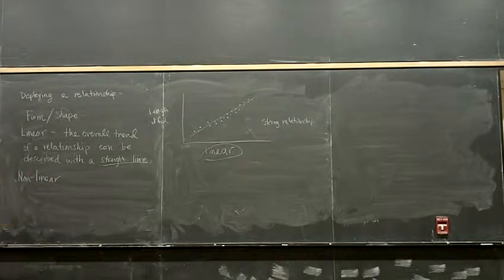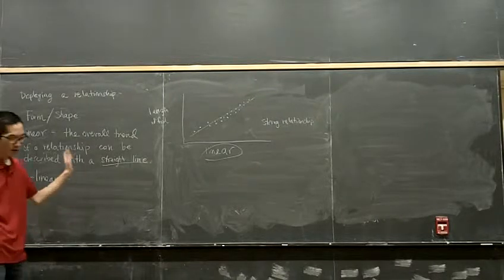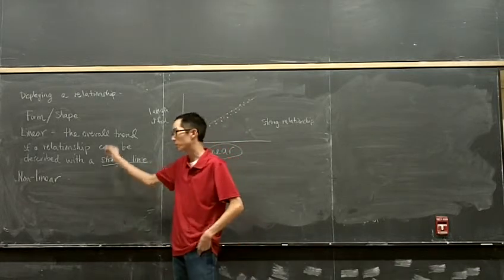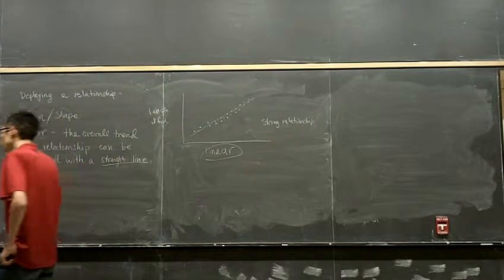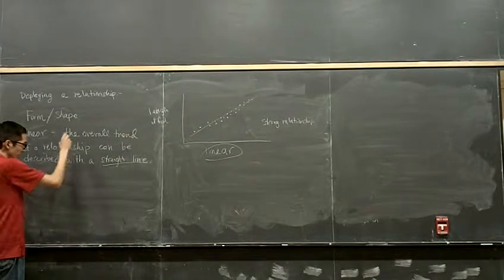This is an overly simplistic view. If you take another statistics class that gets more in depth, they might talk about all the different forms, quadratic and exponential, and different forms of relationships. But here, we're just going to say linear versus nonlinear.